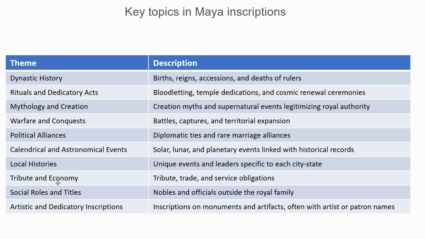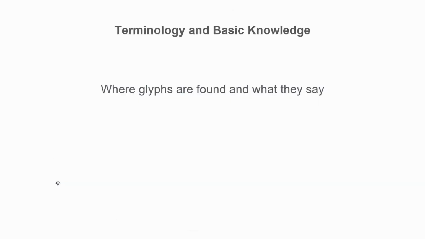And also quite often, a topic very often displayed is artistic and dedicatory inscriptions with the creation of an artifact, because we are lucky that some of the inscriptions and monuments are signed, so we know the names of the kings and artists. And if you go back here, usually this hieroglyph is followed by the name of the artist. And then we know that the specific monument has been created by that person.